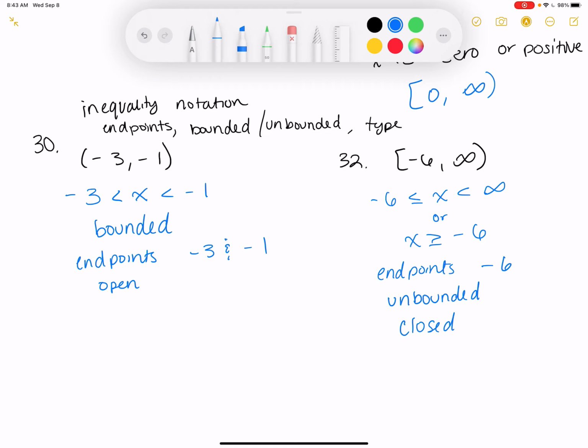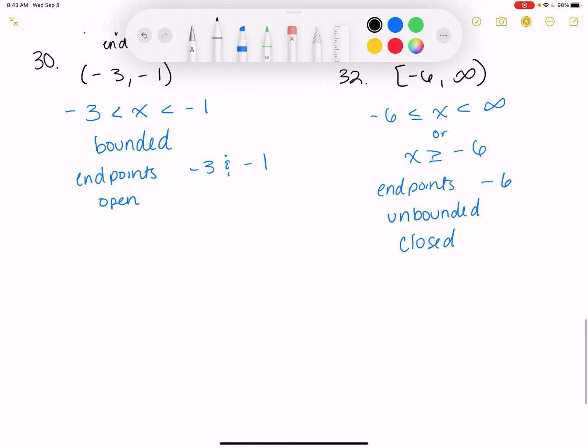Let's see. Alright, the next ones are just the distributive property, and just writing the stuff.